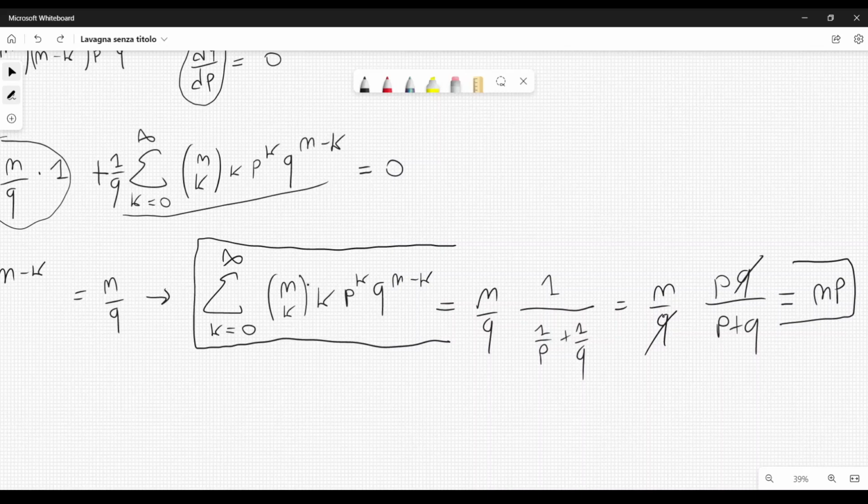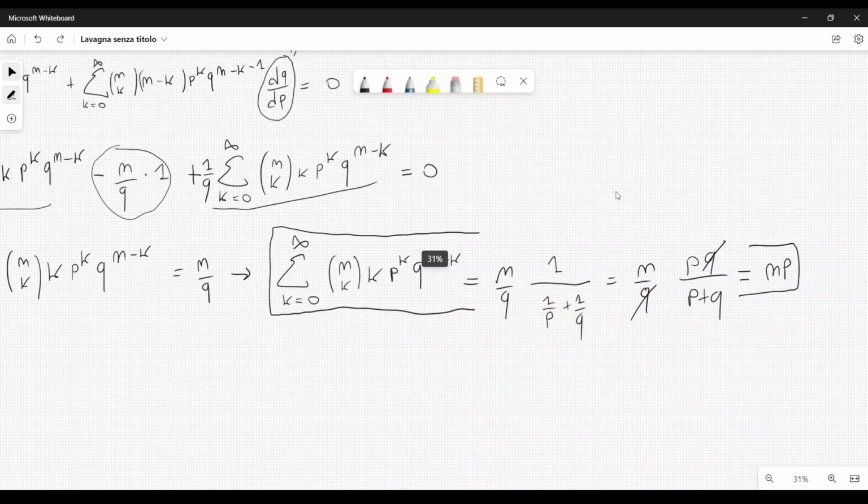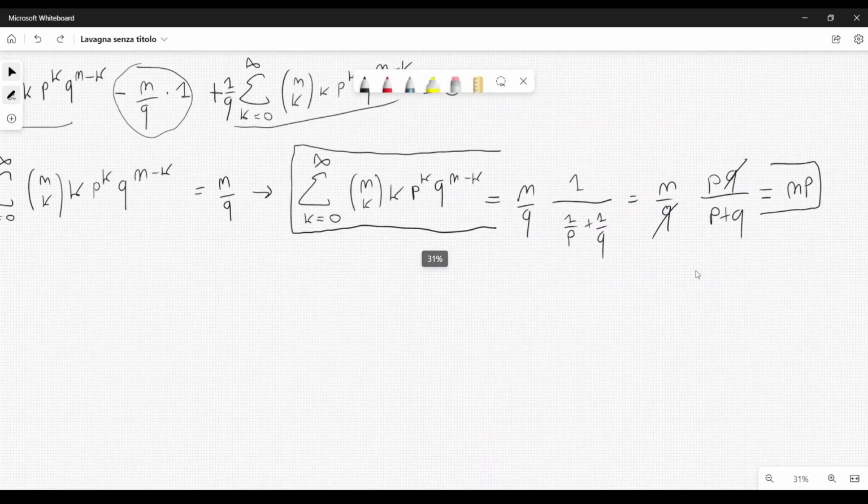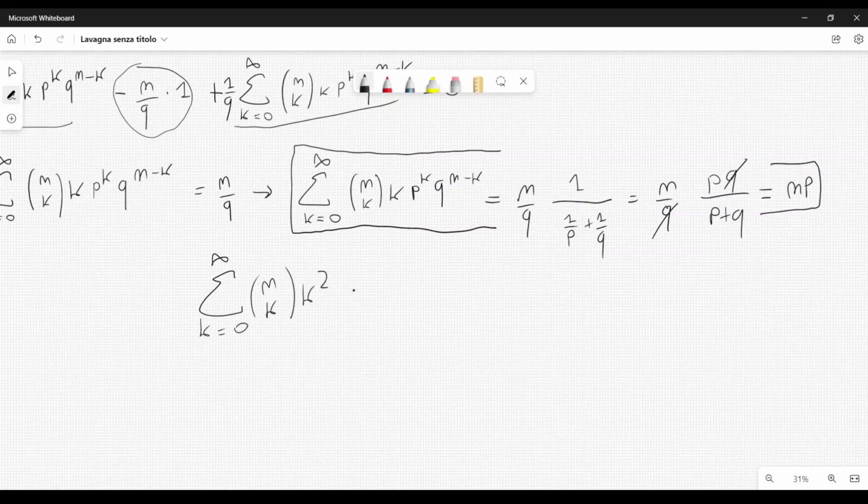Now we also have to find the variance, and in order to find the variance, we have to do something very similar. We will have to calculate the derivative of both sides of this expression, because in this case we are interested in finding something similar. So I have the sum from k equal to 0 to infinity, n choose k, but in this case I have k squared here, p to the k times q to the n minus k.